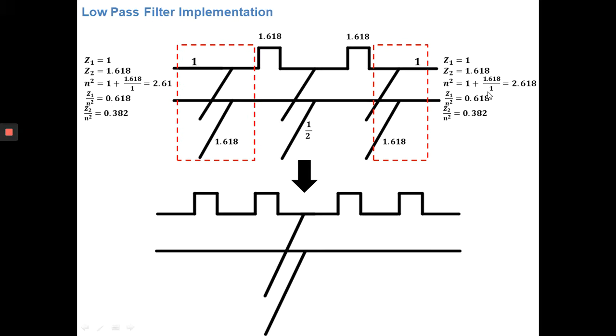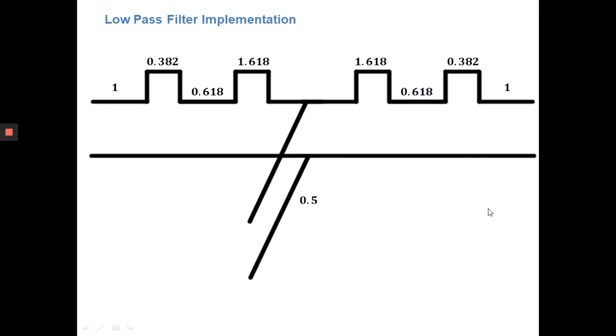I calculated it for you, and after the n values, this value represents this one, this represents this one, this represents this one, and this represents this one. So from here, this whole thing becomes one transmission line, and this whole thing becomes this, and then one transmission line, which is somehow these values.